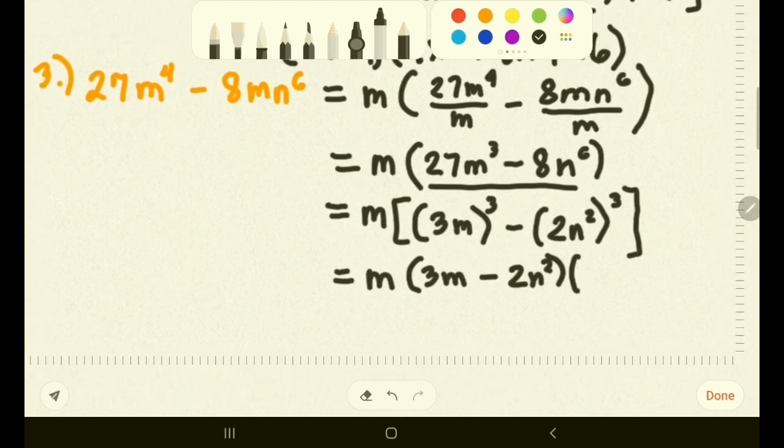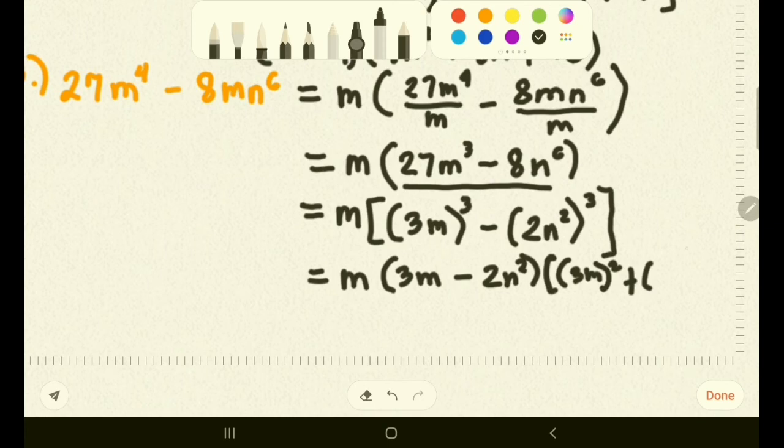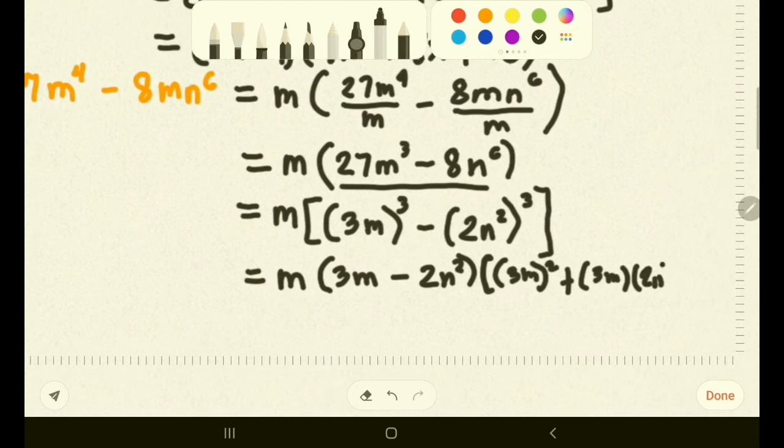Square of 3m, plus you multiply the two terms, 3m times 2n squared, and then you square 2n squared.